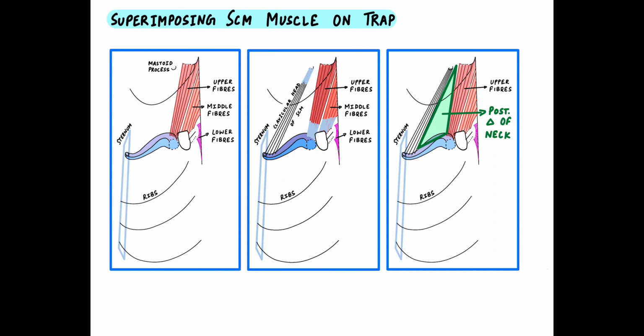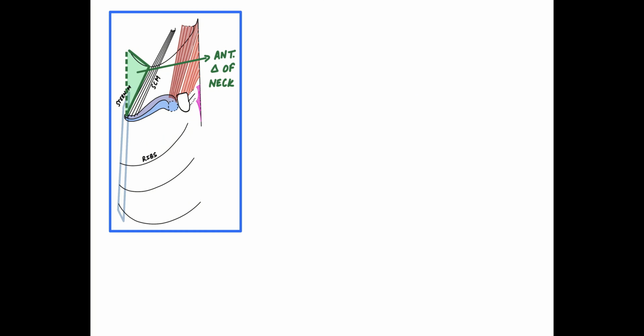Base is formed by the clavicle. Between the midline of neck and the anterior margin of sternocleidomastoid, we have the anterior triangle. Mandible forms the base, midline of neck forms the medial border, and anterior margin of sternocleidomastoid forms the lateral border of the anterior triangle of neck.